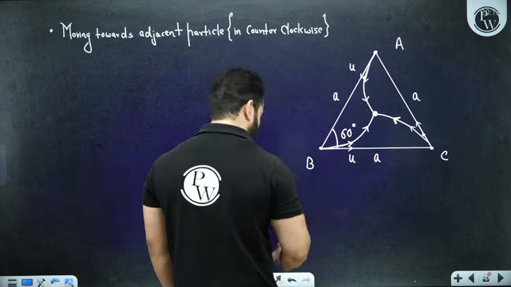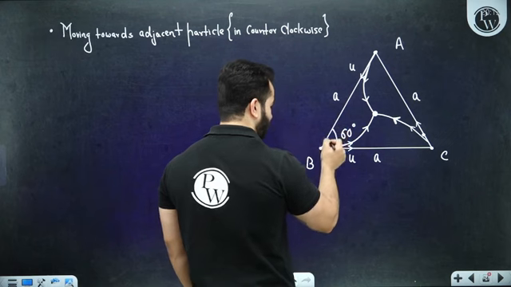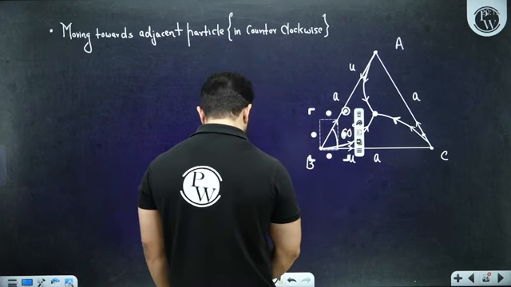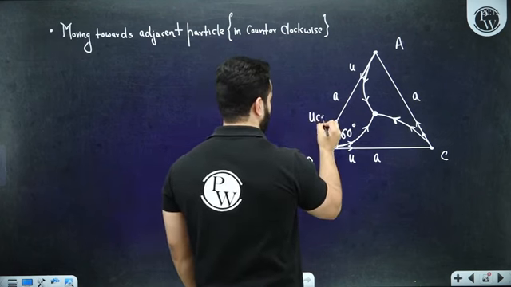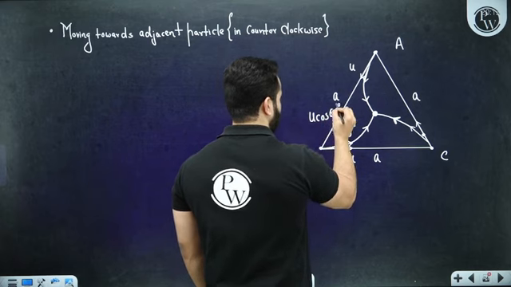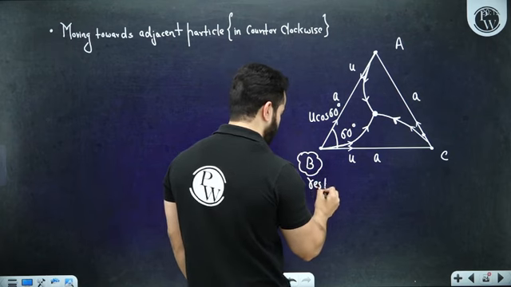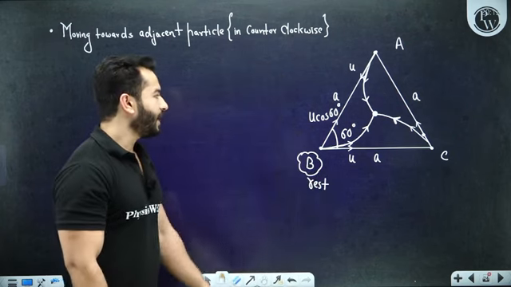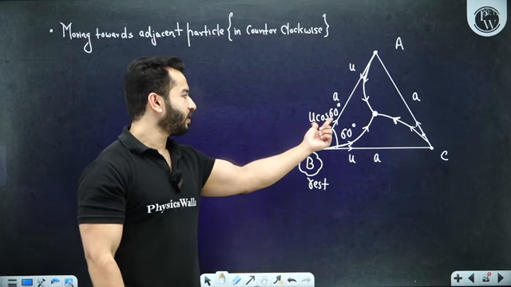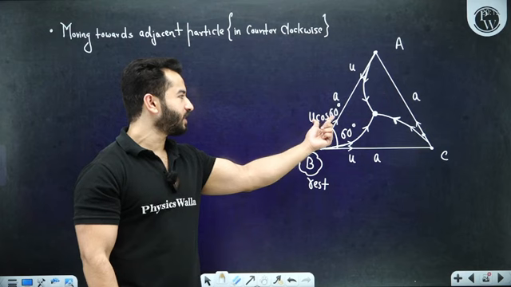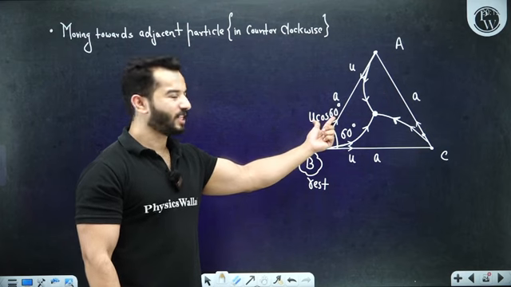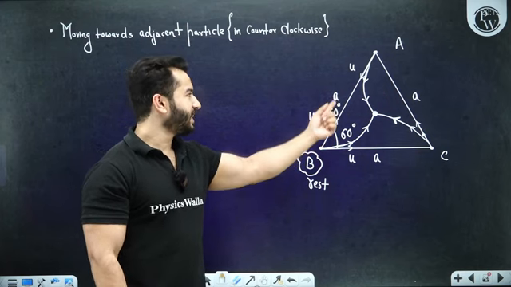So the component of this u on this axis is u cos 60. Let's make this B at rest. For making B at rest, we are going to subtract this u cos 60 on this axis. So u cos 60 gets subtracted.